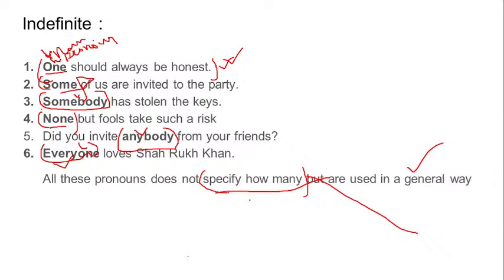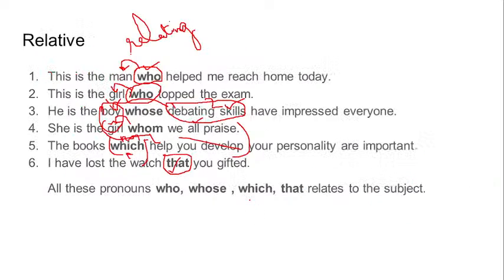And some is actually used for both. Like some of us are invited to the party. Some milk was spilled. Both are correct. So some is used for both living and non-living. It does not specify the quantity or how many or the number. It just gives you an idea, a general counting.